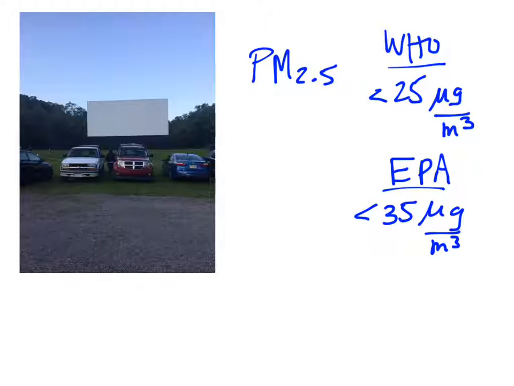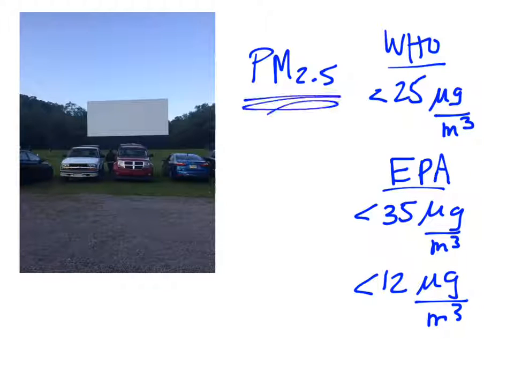Long-term daily exposure should be less than 12 micrograms per meter cubed. Now, this is micrograms of this PM 2.5 substance per cubic meter of air.